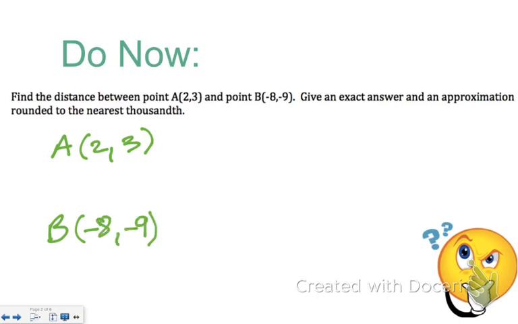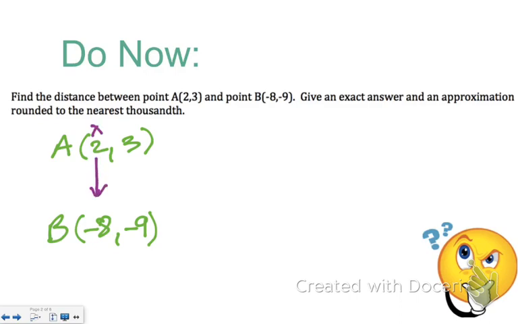If we were to plot these 2 points in the coordinate plane, we would notice that they form a diagonal, and we can't count diagonally on the coordinate plane to find the distance. So we're going to look at how far apart 2 is from -8.